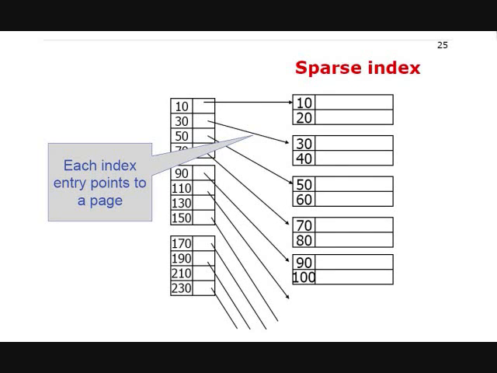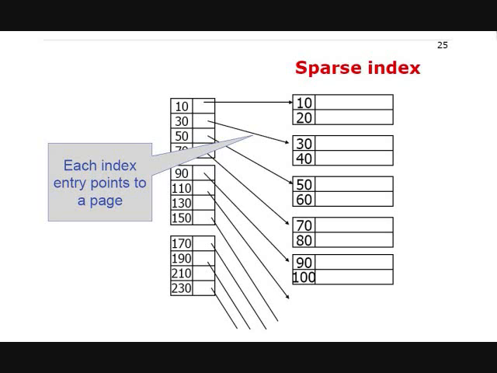Now, if we are building an index onto our primary index, our file, then what we want to be doing is just to have a pointer for each page. So we know that if we're 10 or above, we start reading, we know we're more than 10, we're less than 30, so that's where we want to go. We're between 30 and 50 and so on.